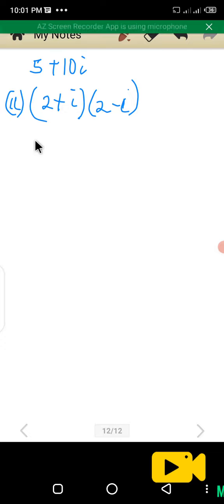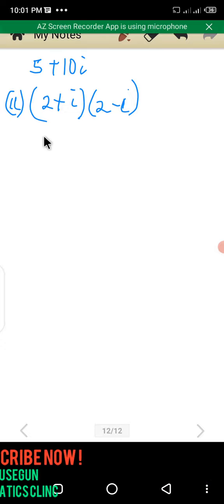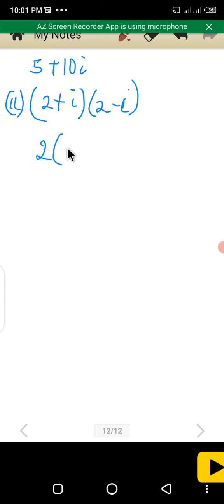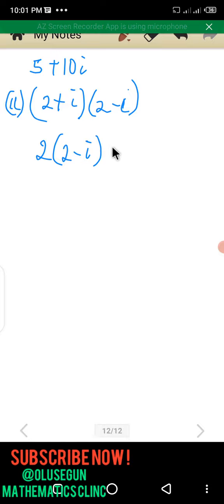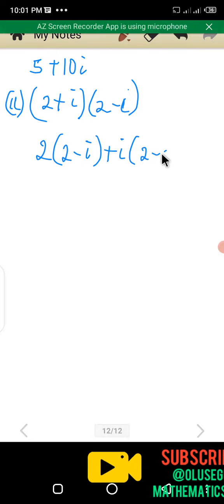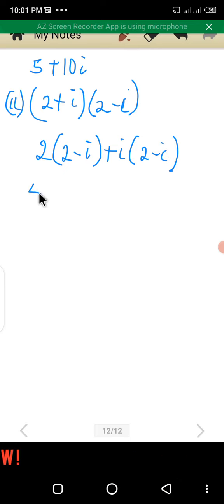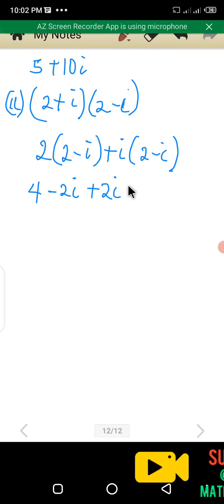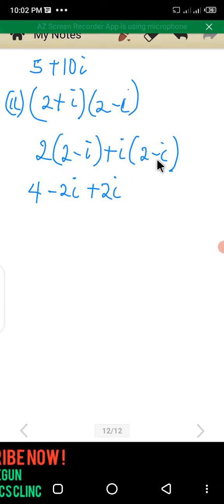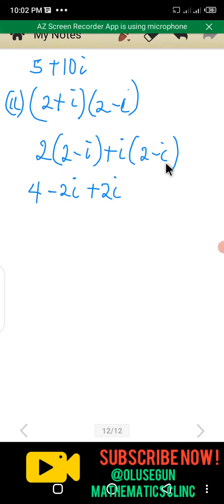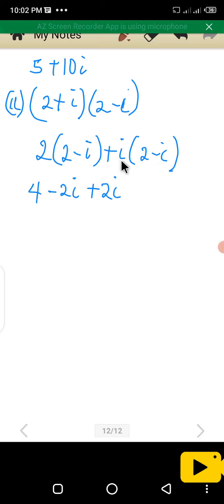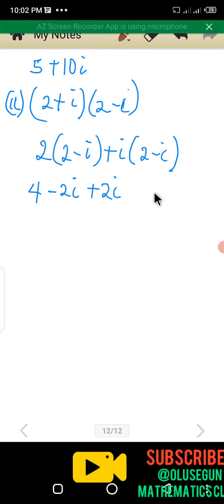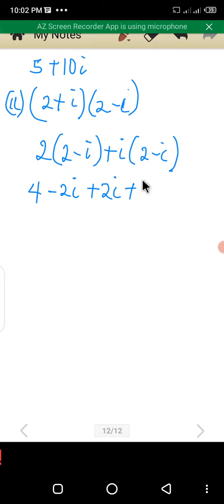As I've said earlier, multiplication of complex numbers is the same thing as expansion of a quadratic equation, which is 2 bracket 2 minus I plus I onto 2 minus I, which is 2 times 2 will give you 4 minus 2I plus 2I. As I've said, this is I squared, I times I, which will give you minus 1. So minus times minus will now give you plus 1.